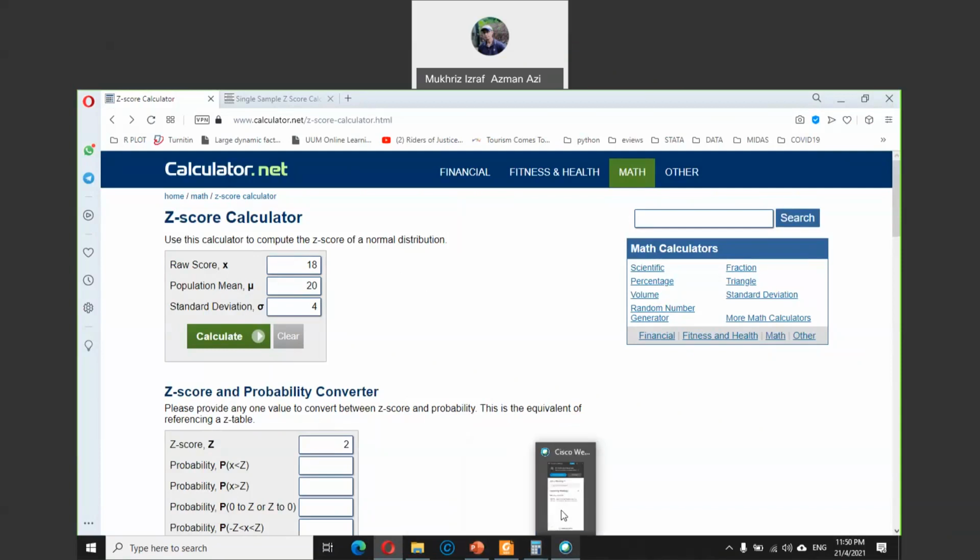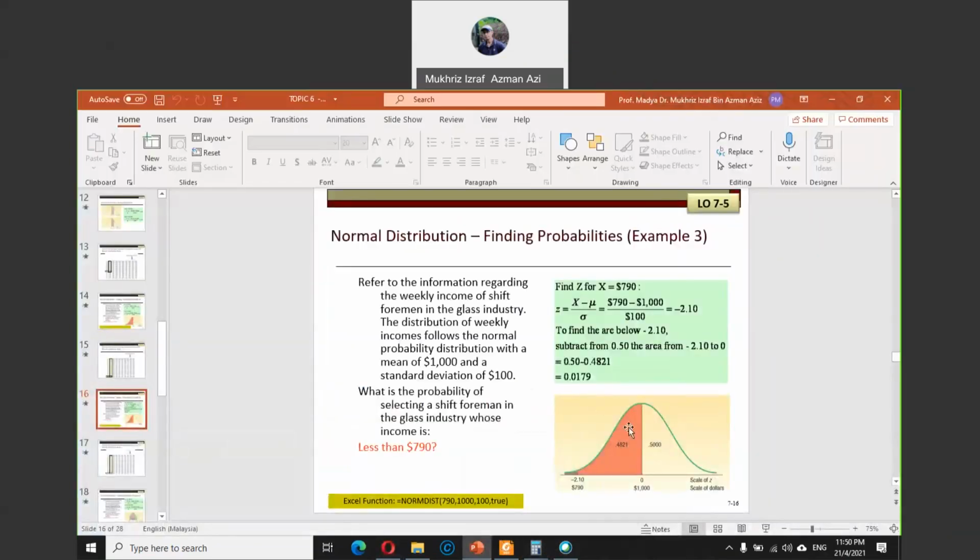How you answer will be basically similar to what you see here. You need to draw. The main thing is I want to see the normal curve, and you shade the area under the curve, the area that you are looking for. Take note that the main thing you need to draw is the normal diagram, the horizontal axis, and then cut the graph in the middle, which is marked as 0. 0 will be the Z value.